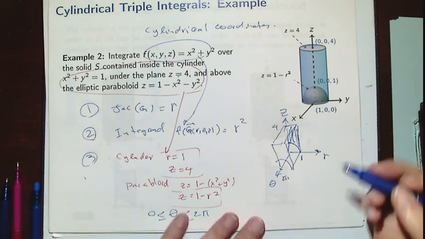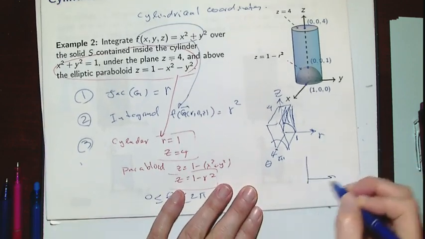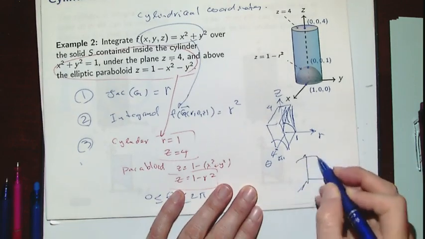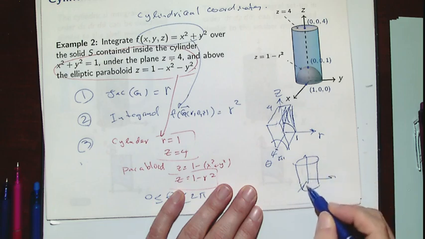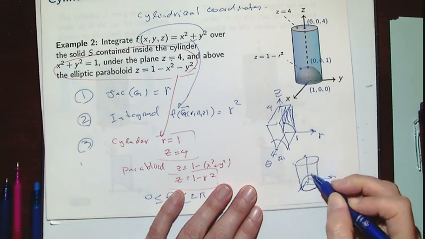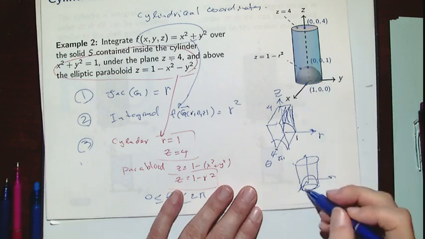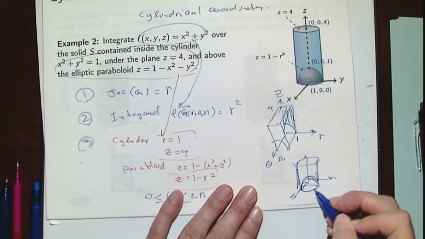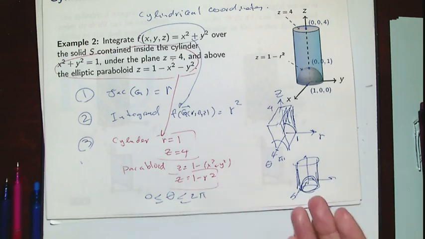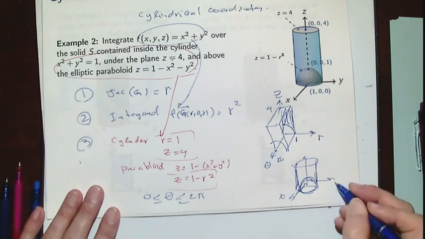But in the X, Y, and Z plane, you know how it looks. There is the cylinder, and there's a little ball sitting there upside down. So that's the shape that you get in the X, Y, Z plane.